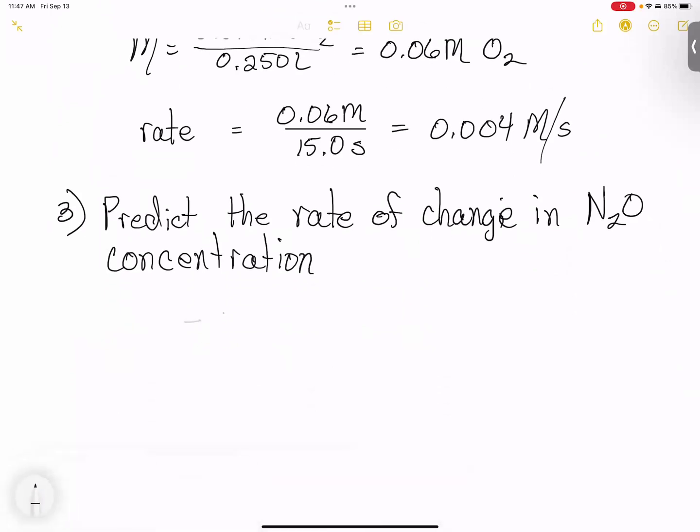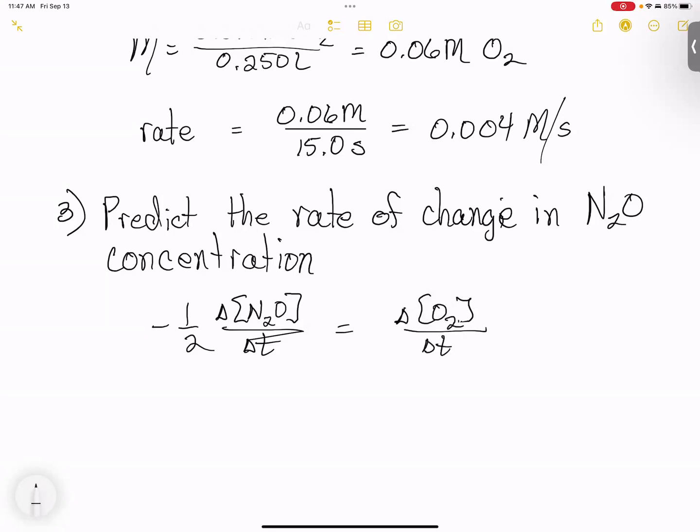So going from that equation, the negative 1/2 of the change in N2O concentration over the change in time is equal to the change in oxygen concentration over the change in time. So a negative 1/2 delta N2O over delta t is going to be equal to 0.004 molar per second.